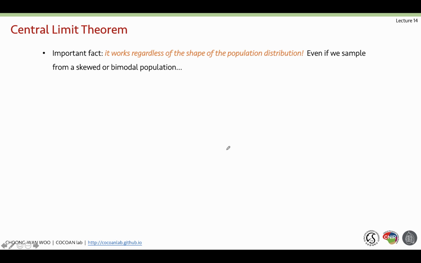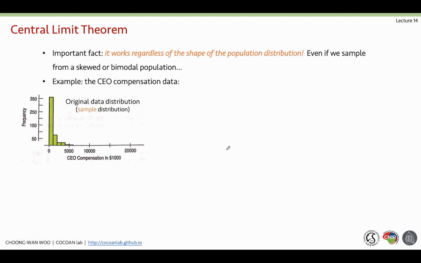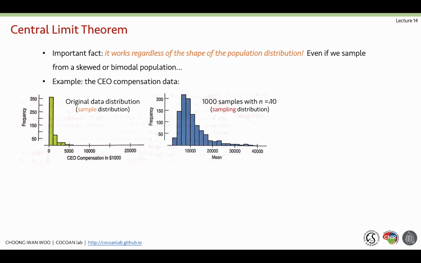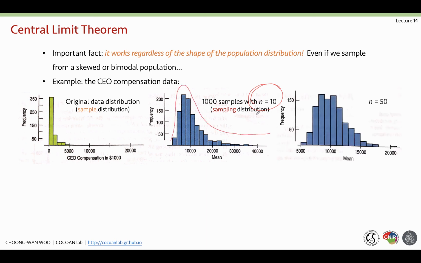This is an example of the CEO compensation data that I think I used before. This shows the CEOs' salary distribution, and it's very right skewed, right? Then let's say we take samples of size 10, 1,000 times, and the sampling distribution becomes like this.